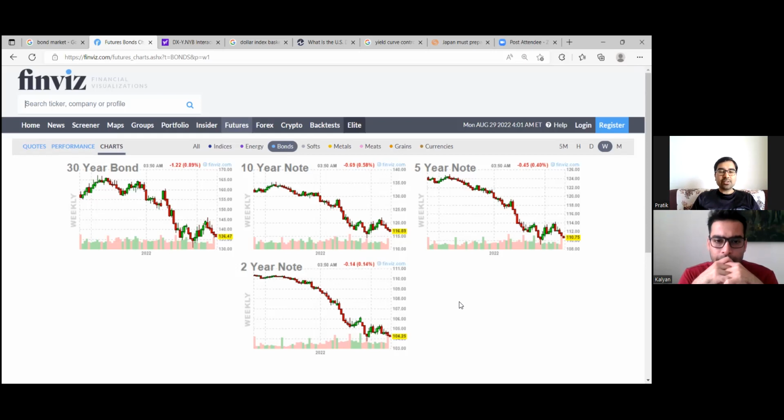Now, if you think about currencies, currencies are also important when you think about the bond market. Why do I say currencies are important? The main reason is that the currency market will be dependent on your fiscal policy, monetary policy, the kind of policy that a central bank and the government take of that country.